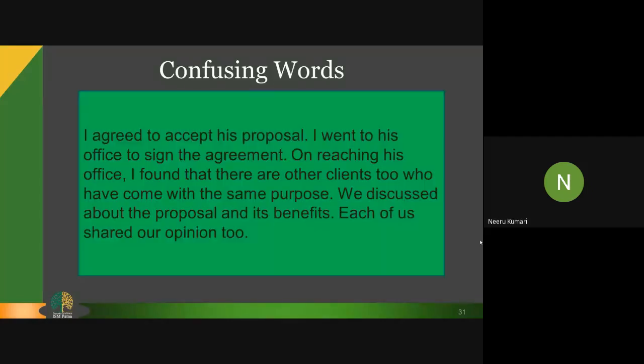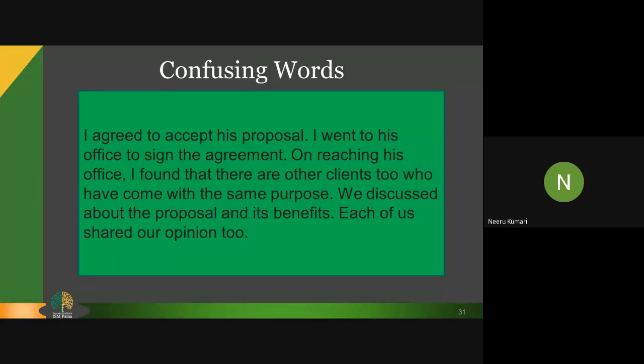Here we go with the right answer. The correct statement is like this: I agreed to accept his proposal. The first word, accept. I went to his office. The third word, his, was wrongly written. Office. To, again, was wrongly written.